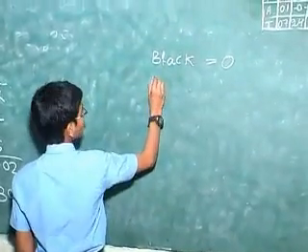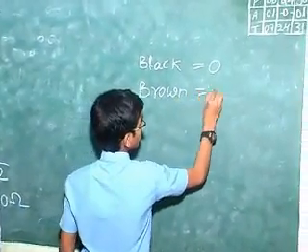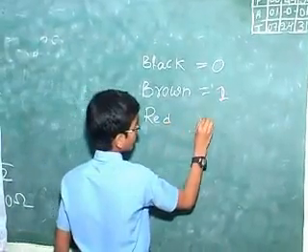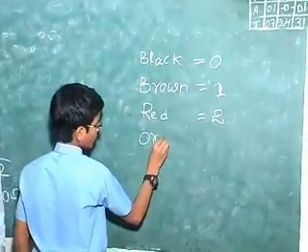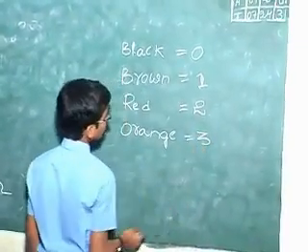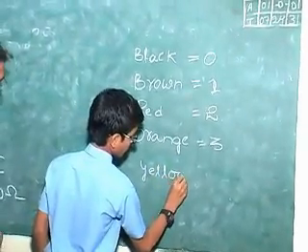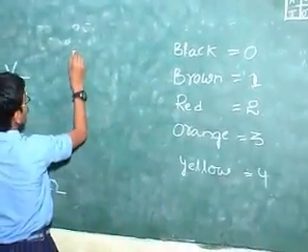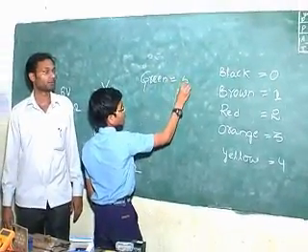Next color is brown. Brown is 1. Red is 2. Orange is 3. Yellow is 4. Green is 5.